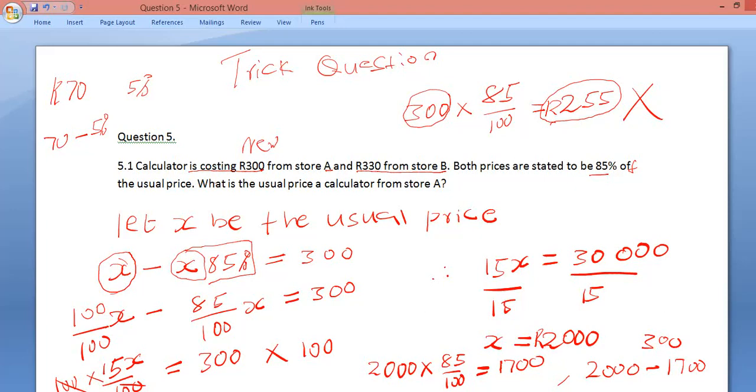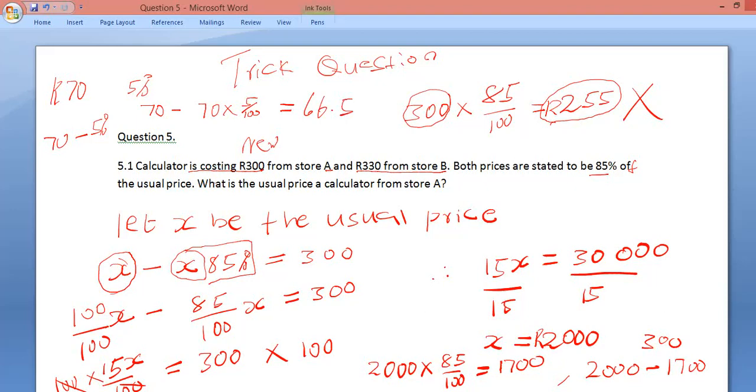So basically you will be looking at 70 rand minus 70 rand multiplied by 5/100. So if it was 5% off from 70 rand, the new price would be equal to 66.5. So that is how it worked.